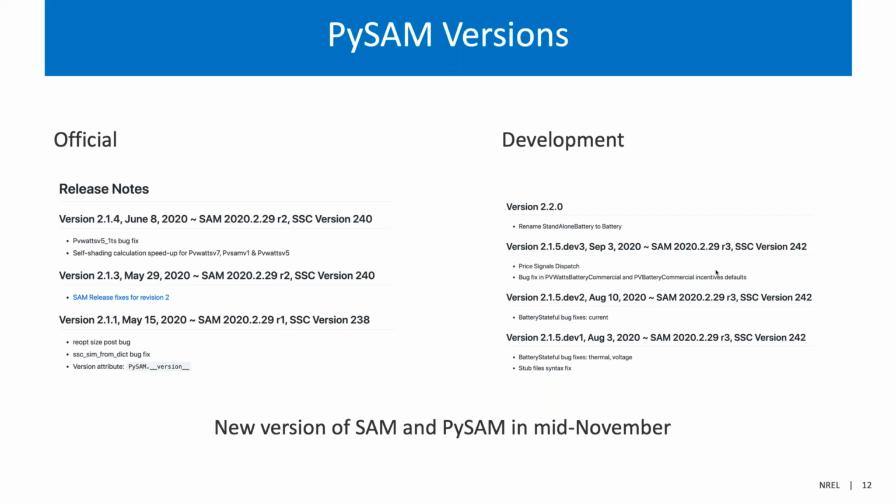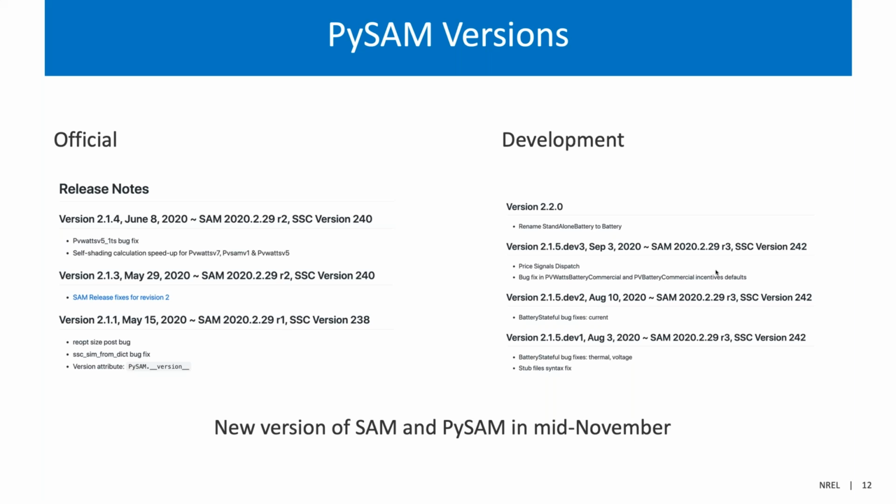For any model that's not the development version of PySAM v1, PV-Watts v7, or the new battery stateful model, the number of records in the weather file determines the simulation time step, right? Exactly.